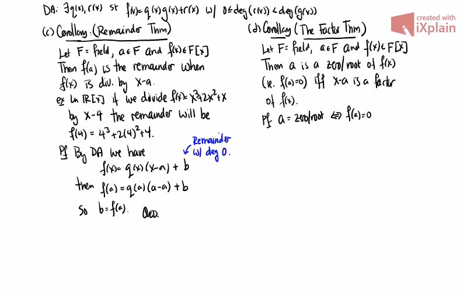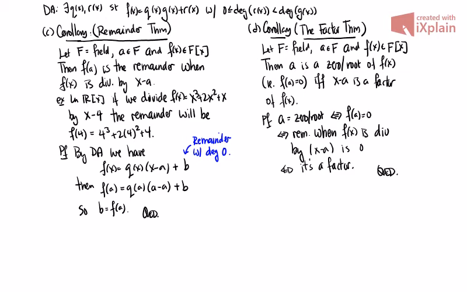That's the definition, which is if and only if the remainder when f of x is divided by x minus a is 0, which is if and only if it's a factor. Sorry if the computer's picking up the noise there. That's QED.